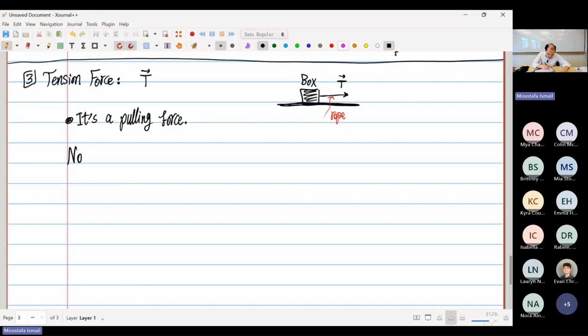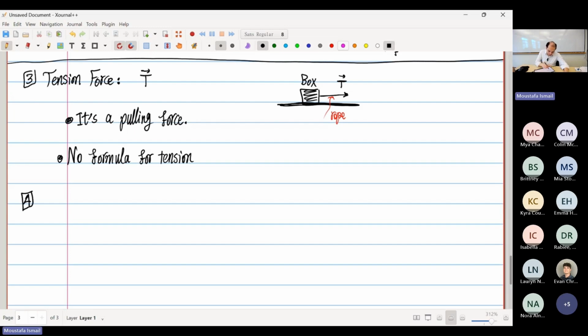No formula for tension. So tension is one of the forces that adjusts itself to the situation. It has a range, and up to some point, it just cannot sustain the other forces, and the rope goes slack. But there is no specific formula for the tension. That's all we have to say about tension.